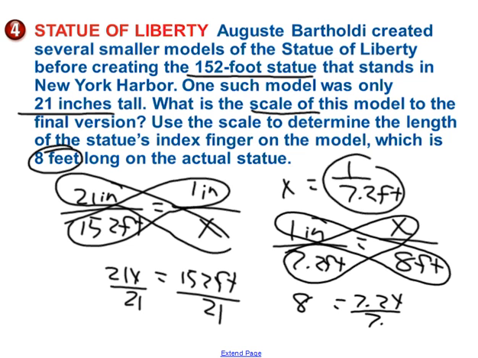Divide both sides by 7.2. And I will get just plain x. If I actually do that division on my calculator, I get 1.1 inches. So on the drawing, the index finger of the statue is 1.1 inches long.